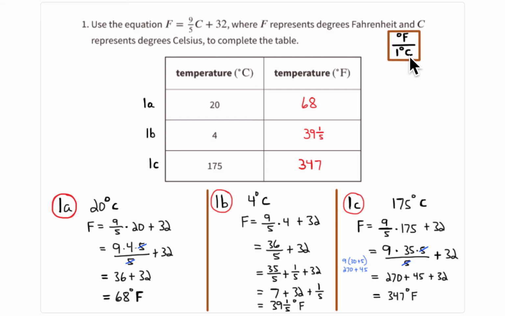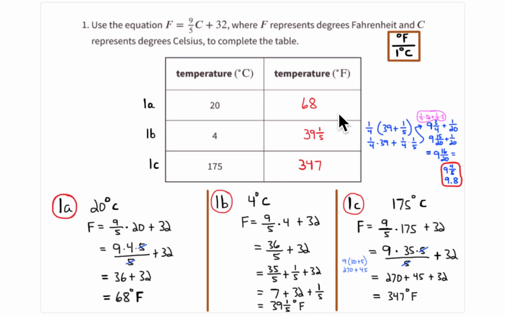So per unit degree Celsius, the number of degrees Fahrenheit per unit degree Celsius. So you're going to take the degrees Fahrenheit and divide it by the degrees Celsius. So I'm going to start out with 39 1/5 divided by 4. And that's the same as 1/4 times 39 plus 1/5. So I'm starting to look at this. How can I do this mentally?